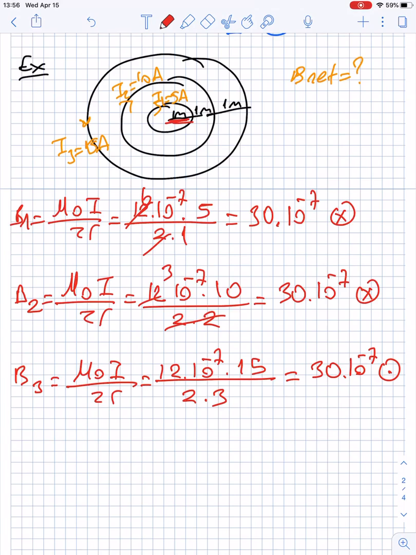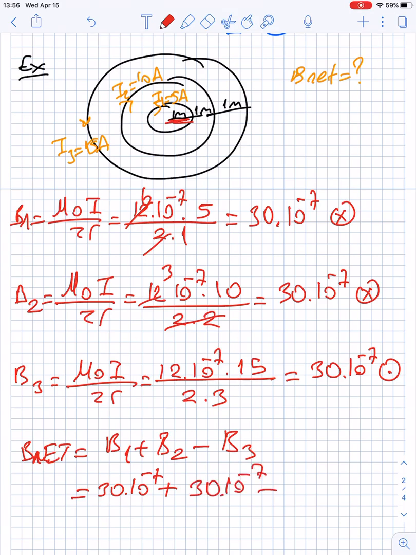Okay, now B1 and B2 are in the same direction, but B3 is in the opposite direction. For the resultant magnetic field, B1 plus B2 minus B3. B1 is 30 times 10 to the minus 7 plus the second, also 30 times 10 to the minus 7, minus 30 times 10 to the minus 7, this one.